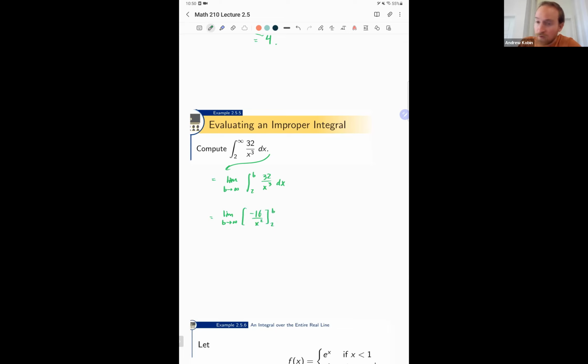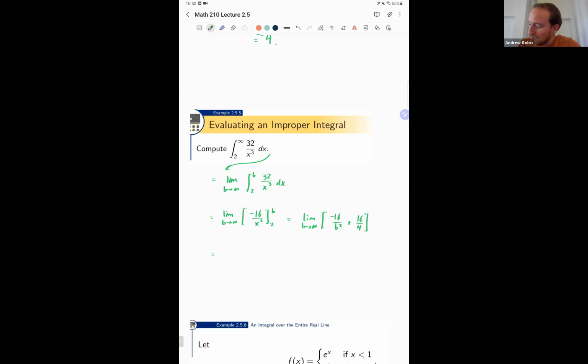We're evaluating from 2 to b. Let's keep our limit outside and just worry about how to plug in 2 and b. If we plug in b, we'll get negative 16 over b squared. And then we're subtracting negative, so I'll say positive 16 over 2 squared, or 4.